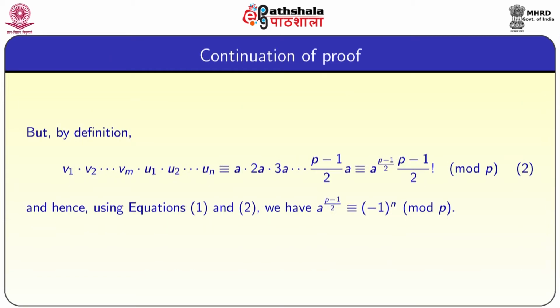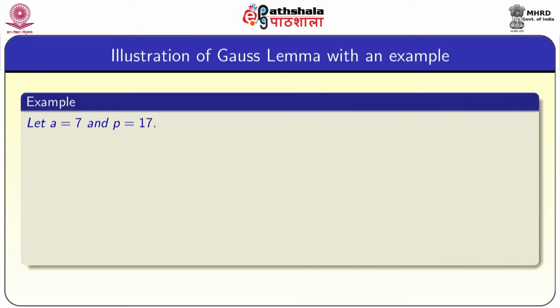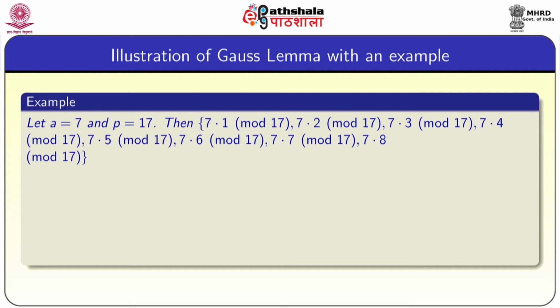Now, we are going to illustrate this Gauss lemma with an example. Let us take a equal to 7 and p equal to 17. That is then 7 into 1 modulo 17, 7 into 2 modulo 17 and so on, up to 7 into 8 modulo 17.